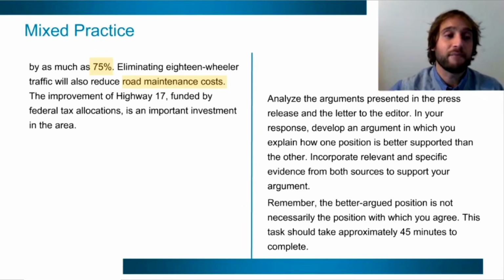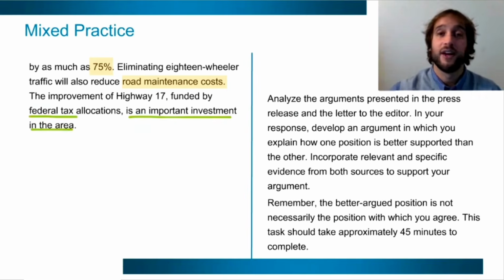Okay, so look how the whole passage finishes. We get a recapitulation of the central thesis, which is that these federal funds are an important investment in this area, and that this is going to be a good thing for Oak Falls, or whatever their little town is called here.